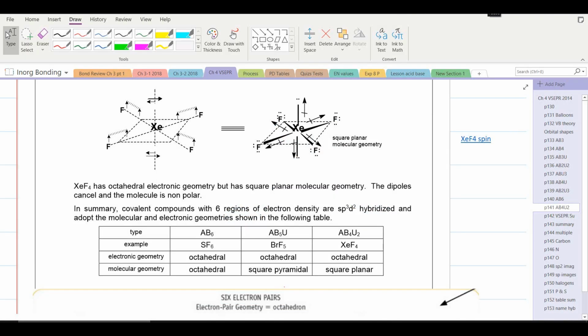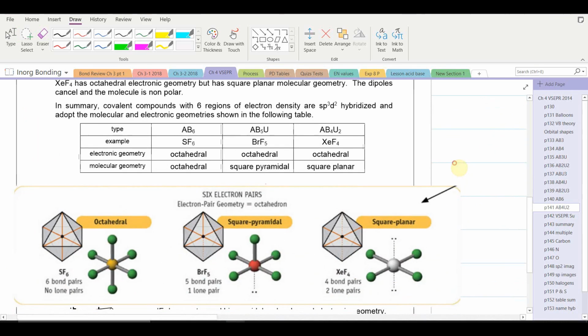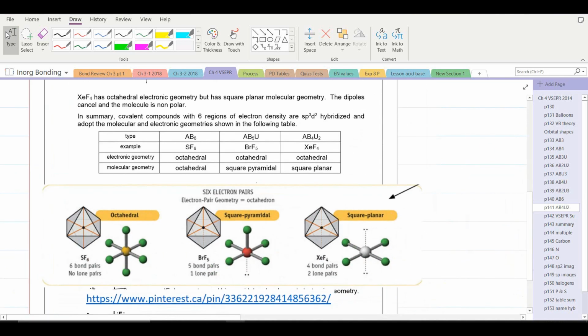So in summary, covalent compounds with 6 regions of electron density are sp3d2 hybridized and adopt the molecular and electronic geometries shown in the following table. And there's a great image here, courtesy of Pinterest. AB6, like SF6, have 6 bonded pairs of electrons.